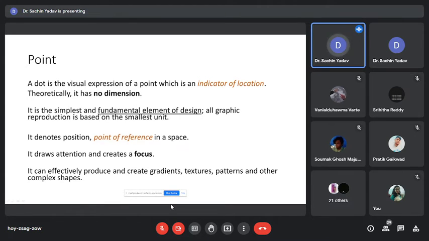It is the simplest and the fundamental element of design. All graphic reproduction is based on the smallest unit. It denotes position, point of reference in the space. It draws attention and creates focus. It can effectively produce and create gradients, texture, pattern, and complex shapes.